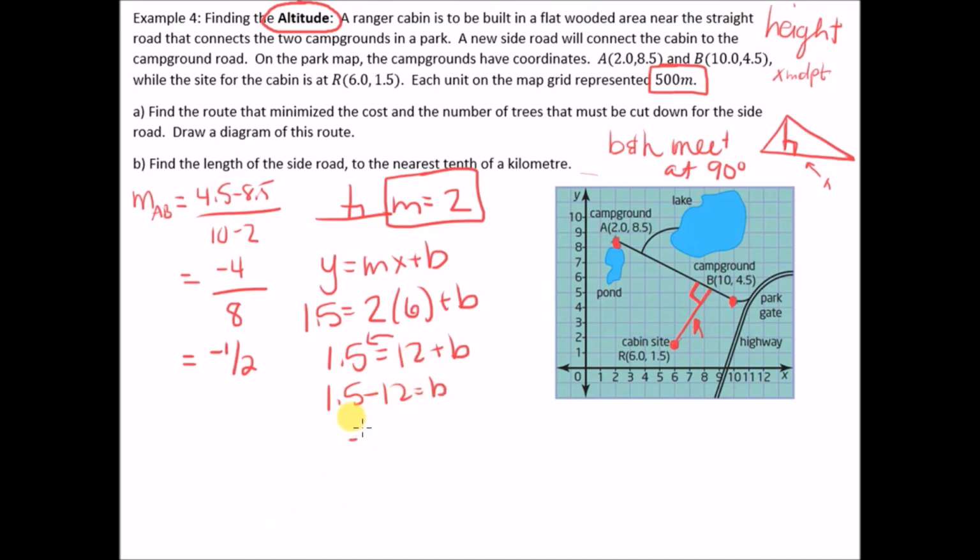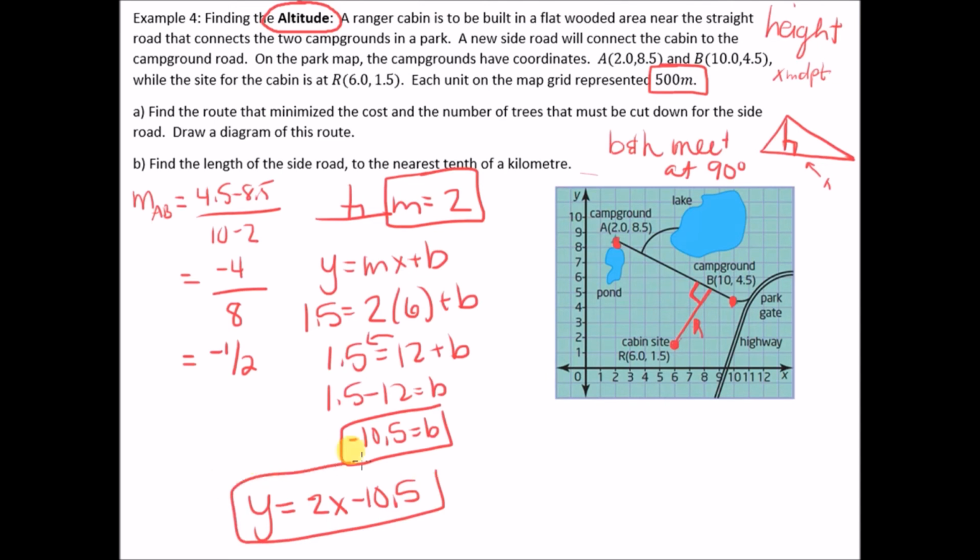Negative 10.5 equals b. Okay, so the equation of the red line, we get y equals 2x minus 10.5. Okay, so that's the root.